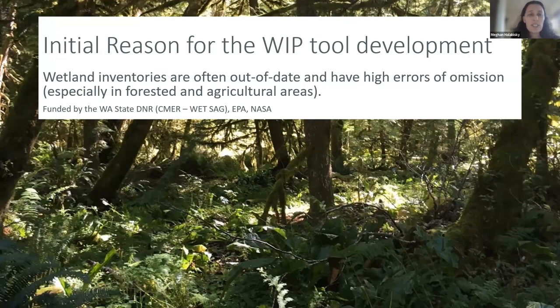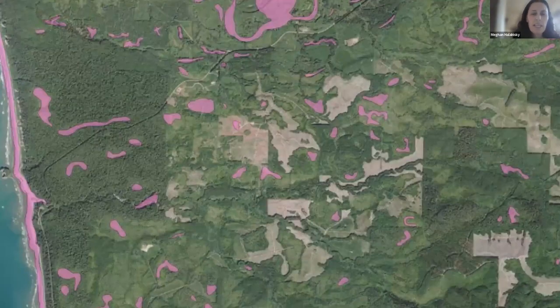This was initially tuned to identify forested wetlands, which are particularly difficult to see in aerial imagery. And there were, again, a lot of iterations funded by a lot of state and federal agencies, really to get around this problem of improving the National Wetland Inventory and reducing those errors of omission, those wetlands that are missed in the National Wetland Inventory.